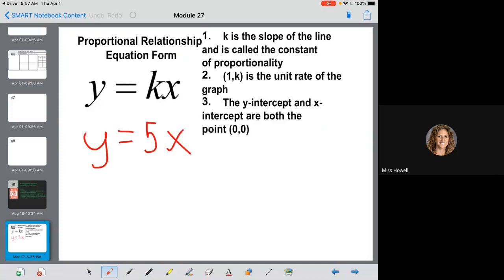That would be our proportional relationship form of a line, where this 5 right here is the slope of our line, and it has a special name when it's in this y equals kx format, called the constant of proportionality.